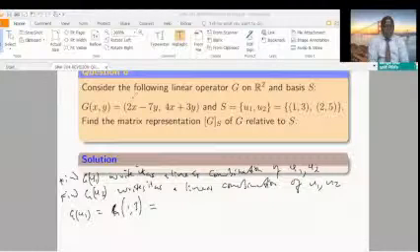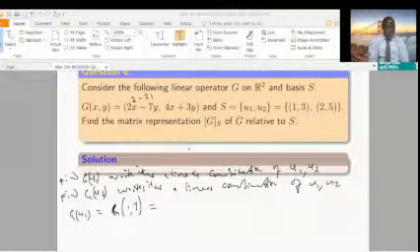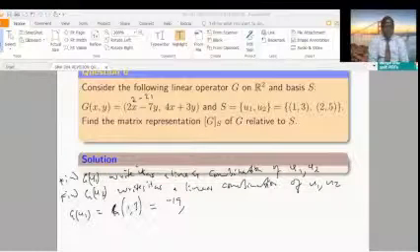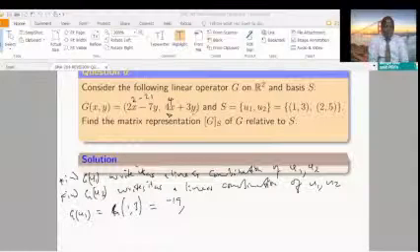So this would be 2 if I put 1 here, and if I put 3 here, it would be negative 21. That gives me negative 19. And for this point, x is 1, that would be 4, and y is 3, that would be 9. So that would be 4 plus 9, which is 13.